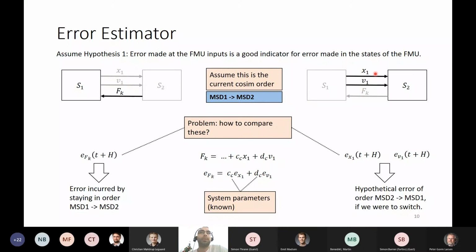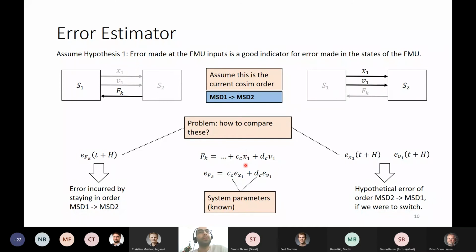We have 2 inputs, and we can estimate the error being made at these 2 inputs, and the error being made at this guy's inputs. So which of the 2 errors is more important? This is where it's very useful to collaborate with mechanical engineers, because they'll say, you just need to convert them into a force, so you can compare 2 forces. Instead of using fancy mathematical norms, we use a physically motivated measure.